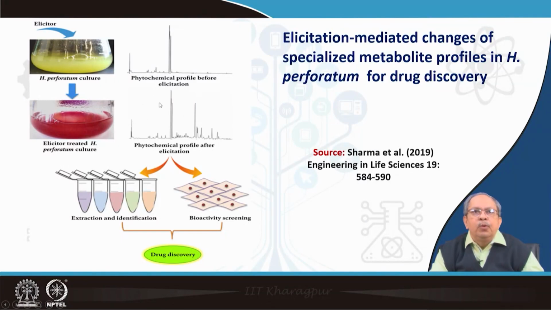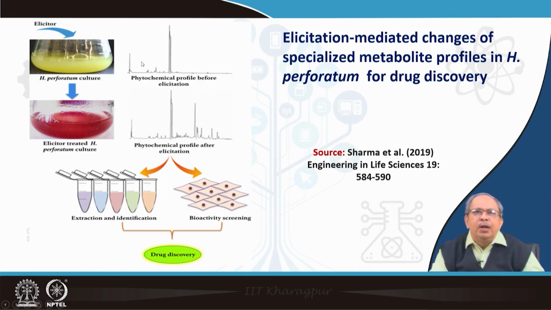This is the Hypericum perforatum cell culture. Hypericum produces hyperforin and hypericin. It is a very well-known herbal drug, and Europeans in the Western world are particularly fond of Hypericum.